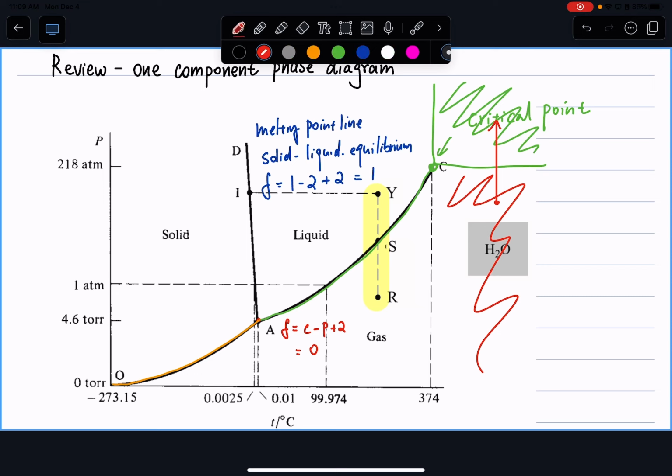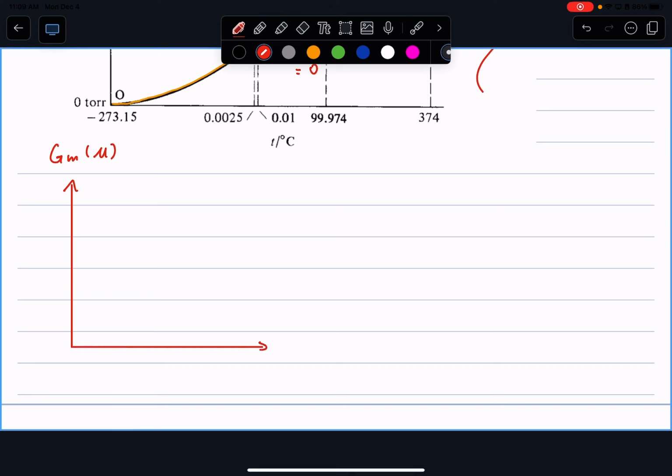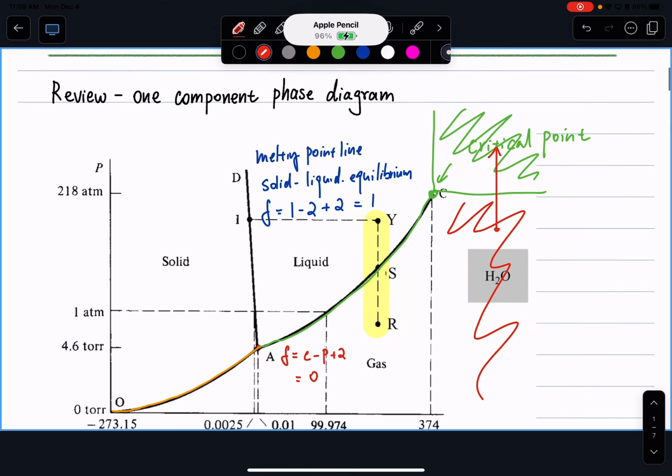So if you're in the classroom, we're fine, but if you're watching the recording, try it yourself. So this is the graph to start with: the molar Gibbs free energy versus pressure at constant temperature. All right. So let's think about this process.